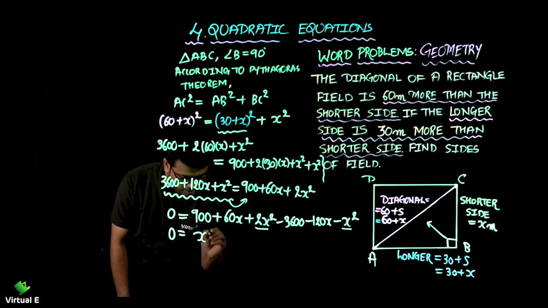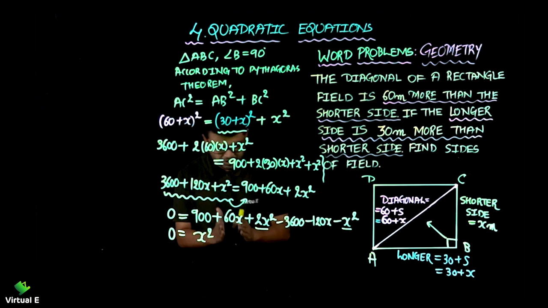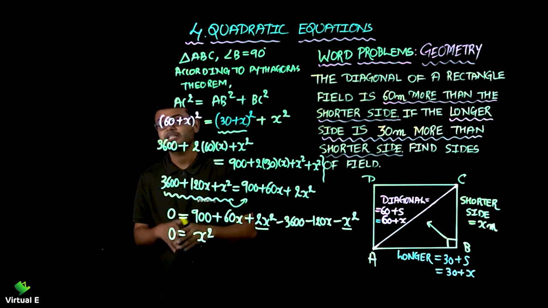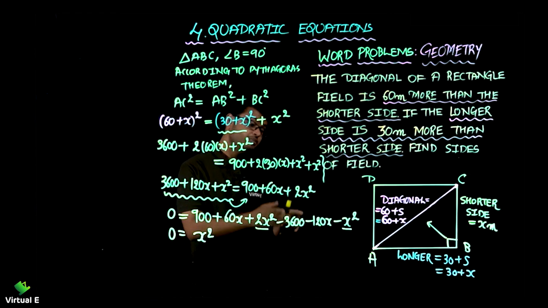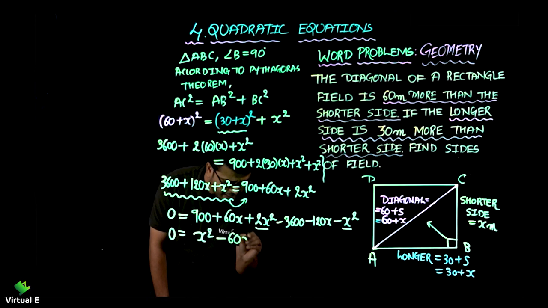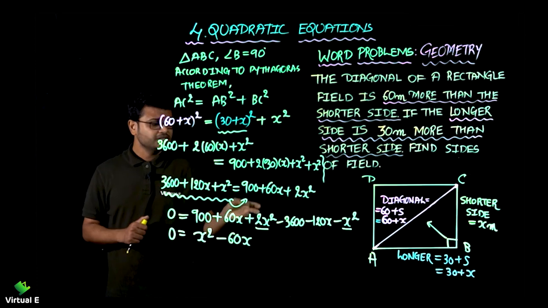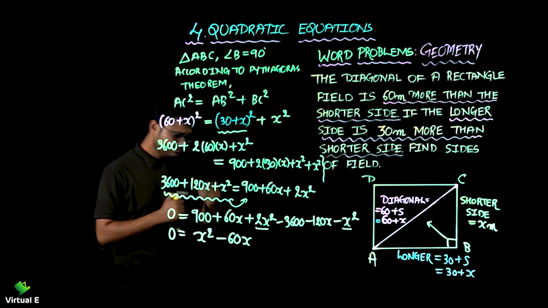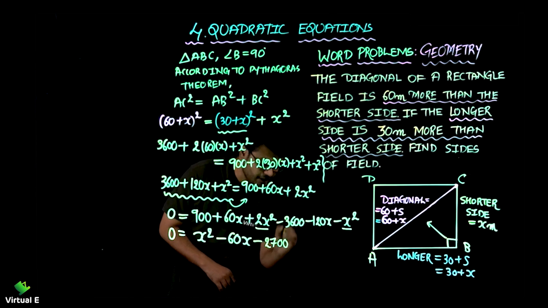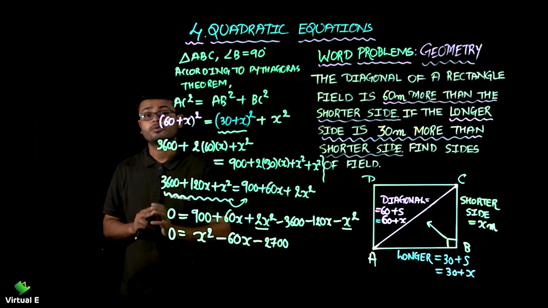Simplifying: 2x square minus x square is x square. Then the terms with x: plus 60 and minus 120, the bigger number is 120 with a negative sign, so minus 60x. Then 900 minus 3600 is minus 2700. So this is my quadratic equation.